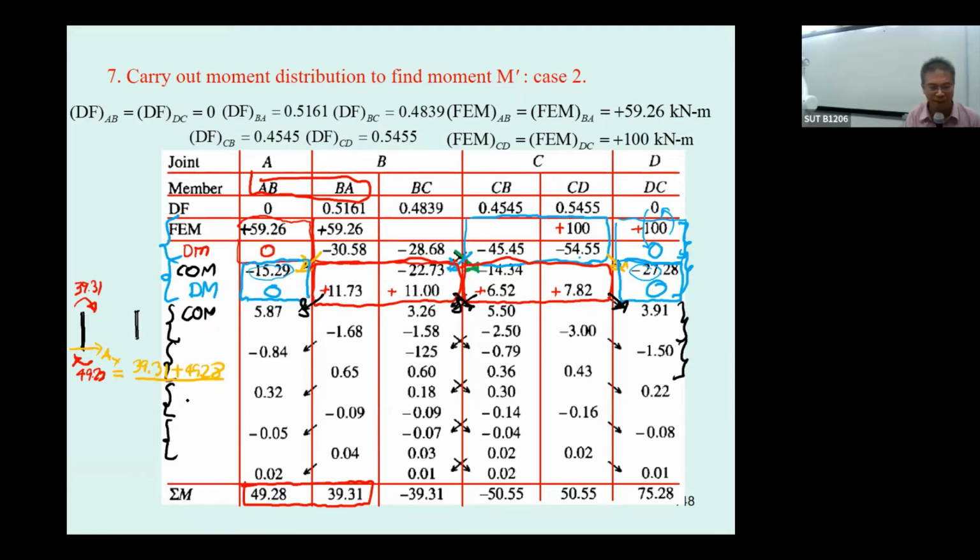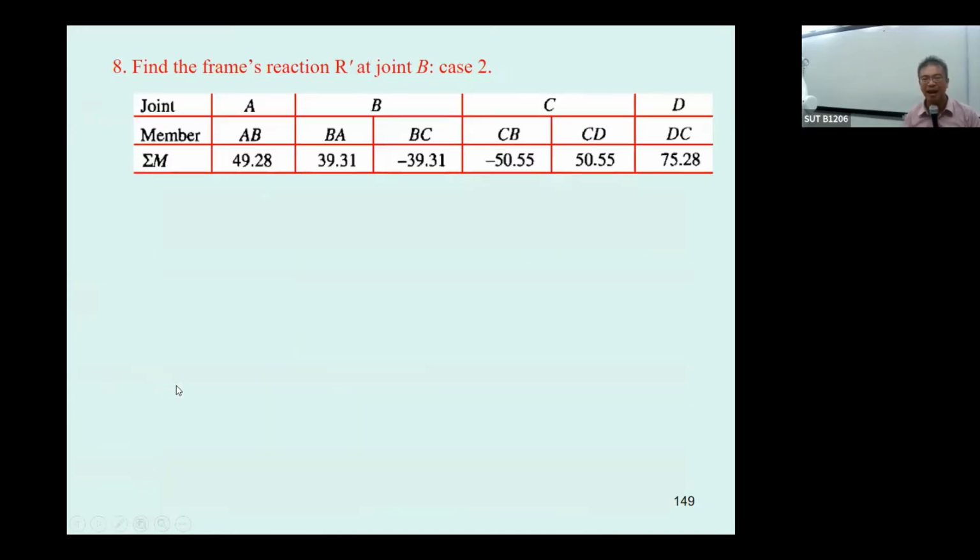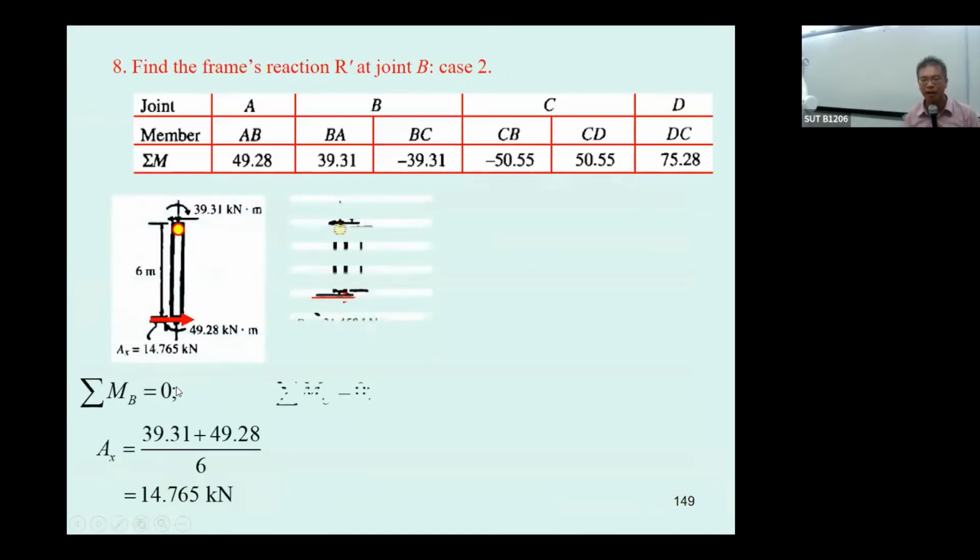Then you come to the other part of this. This is going to be the positive moment also. This is positive, and this is also positive. So by doing this, D sub X must be in this direction. So you get D sub X and A sub X by computation like this.